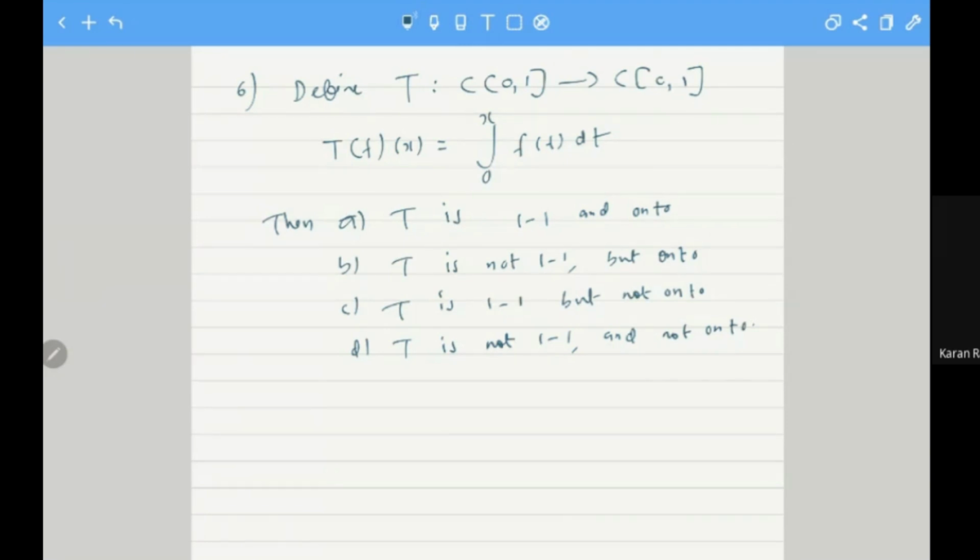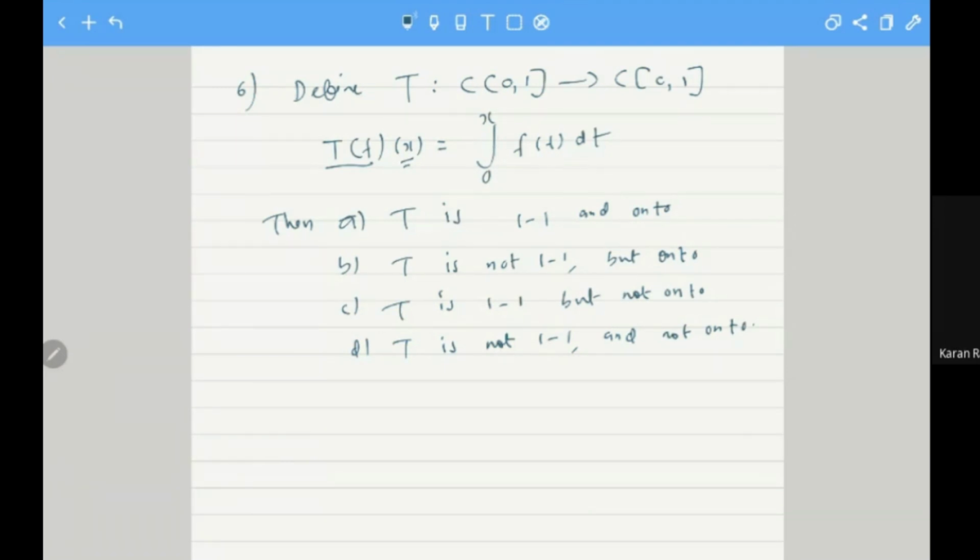Okay. Defining a transformation from C[0,1], that means the set of all continuous functions on [0,1], to again the set of all continuous functions on [0,1]. It is defined as T of f. T of f is again a continuous function. The value of that continuous function at the point x is defined as integral 0 to x f of t dt.